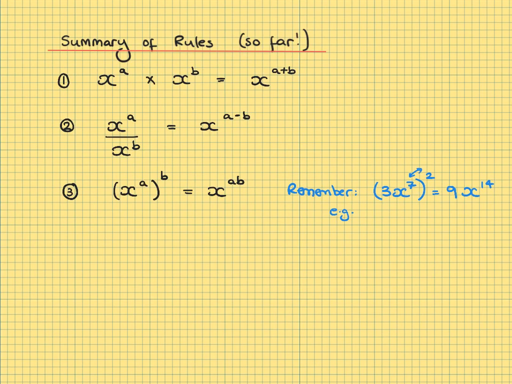So just an example there to remind us that yes, you do need to do 7 times 2 to work out the power of the x, but this must also be raised to the power of 2 in this example.